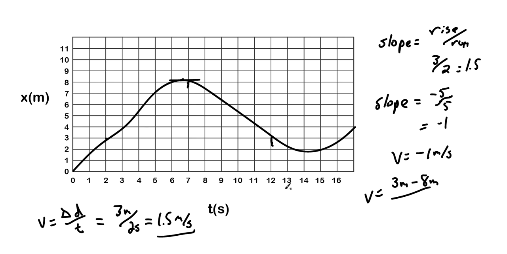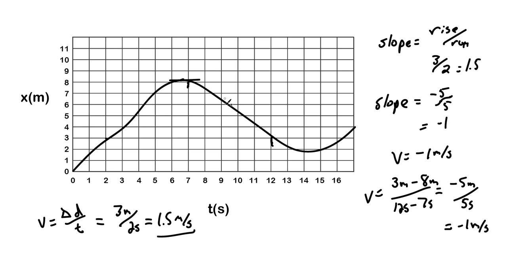Our final time was 12 seconds minus our initial time of 7 seconds. So 3 minus 8 is negative 5 meters in 12 minus 7, which is 5 seconds, or negative 1 meter per second.